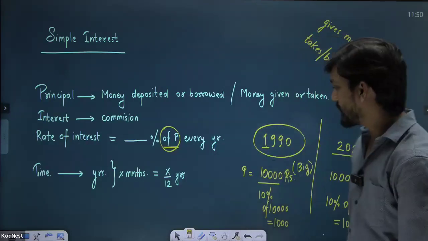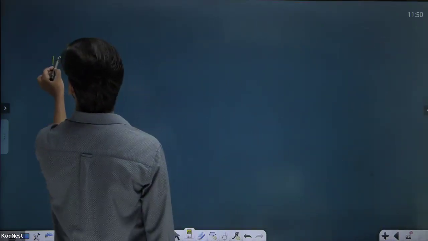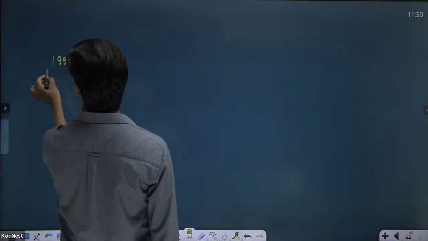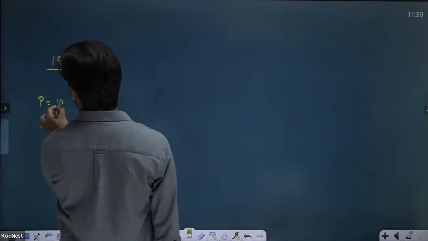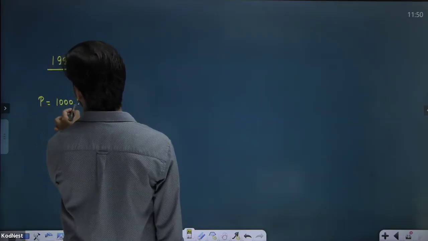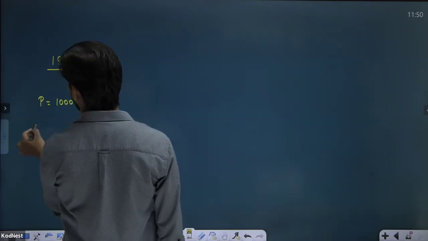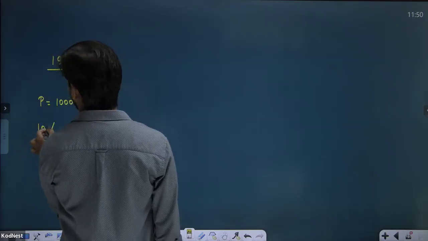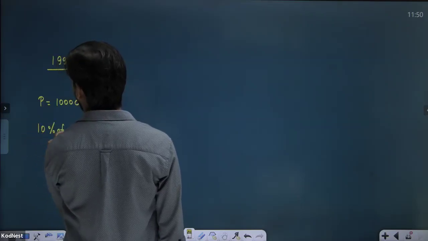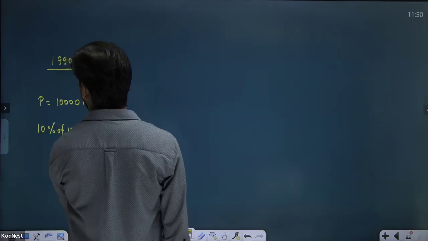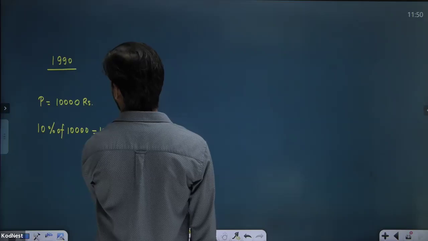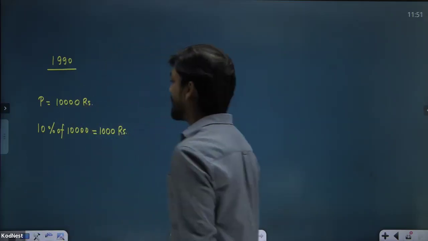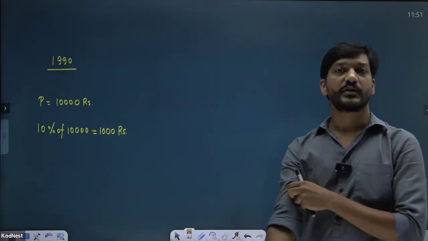Okay, carefully understand, please. What I'm saying is, in 1990 the principal is 10,000. 10% of 10,000 is 1,000 rupees.